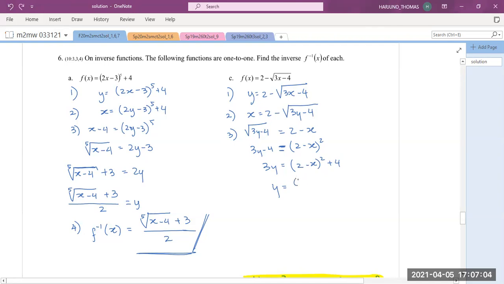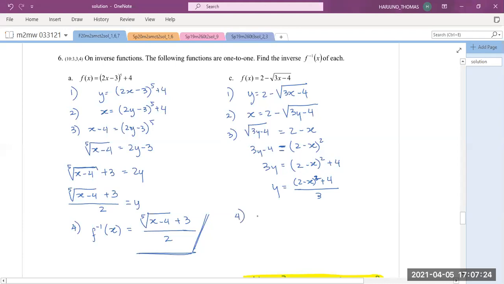This will be 2 minus x being cubed plus 4 over 3. Now notice that this is not one-to-one. I can easily find two different x's that give me the same y, right?